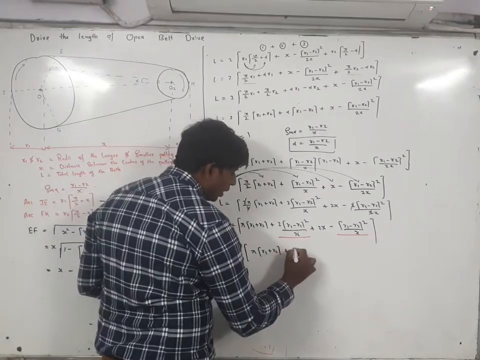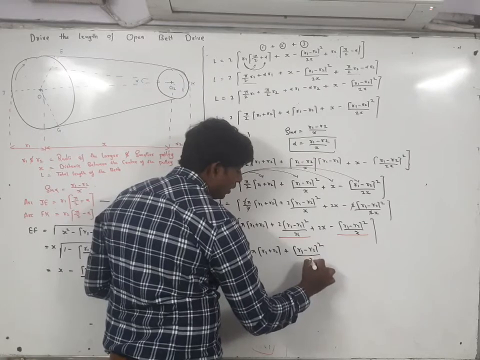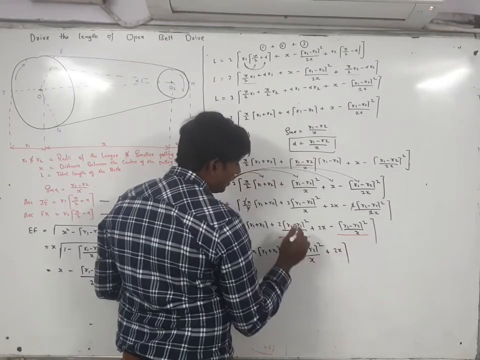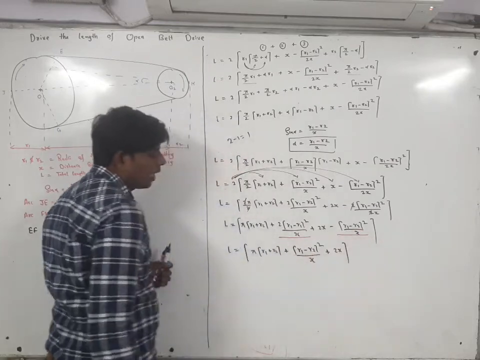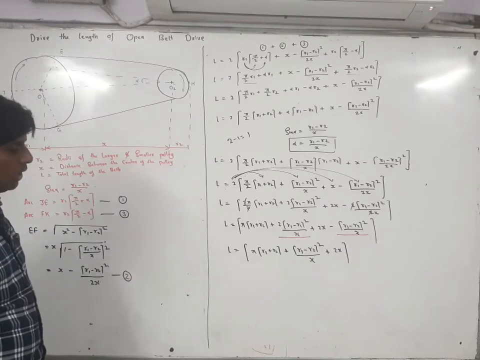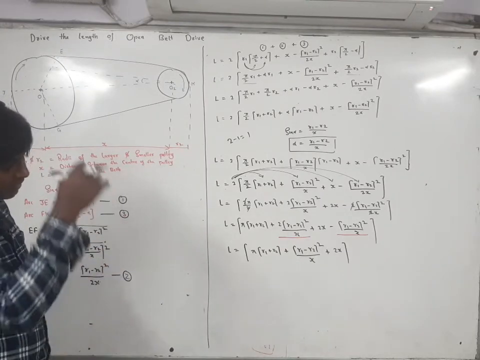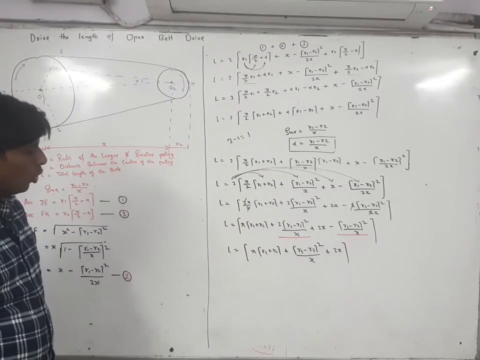So here you can write plus (R1 minus R2) whole square by x. Then next plus 2x you can write as it is. So this is the length of an open belt drive. This one is the length of an open belt drive.